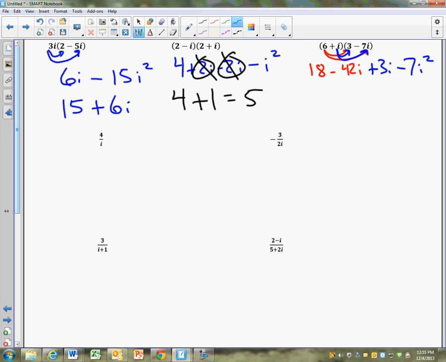Let's just do our imaginary parts right away. You have negative 42i and positive 3i. Those make negative 39i. And what is 18 plus a negative 7i squared? 25. Because negative 7i squared will be positive 7 plus 18, 25.